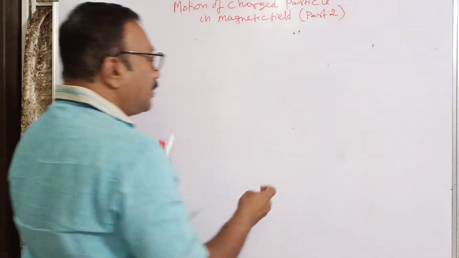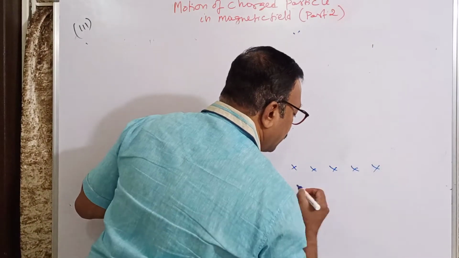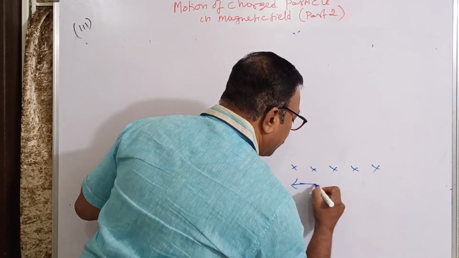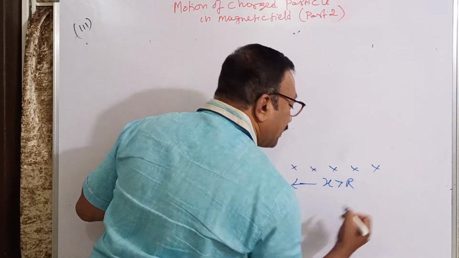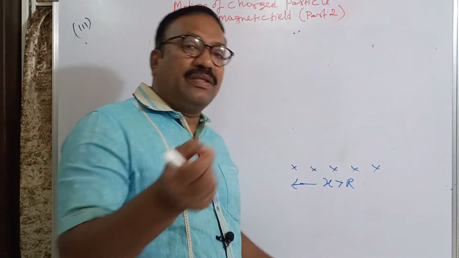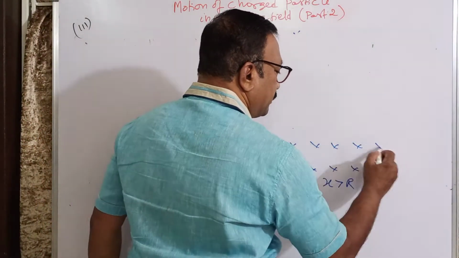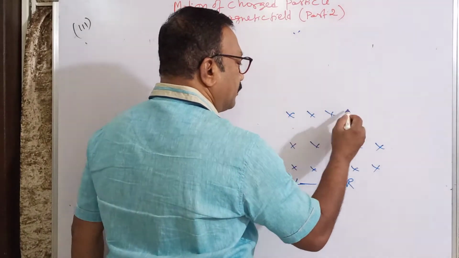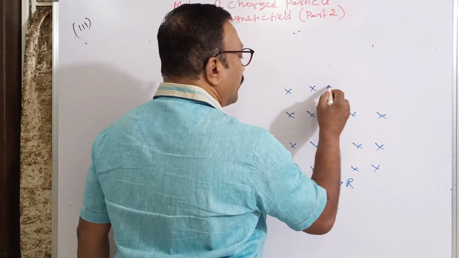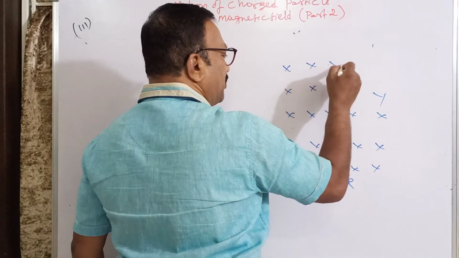So what will happen now? If this length of the field is slightly greater than the radius, even if slightly, it can be more than that also, but just crossing the radius is also enough. See, this is the length, but the width of the field can be sufficient.